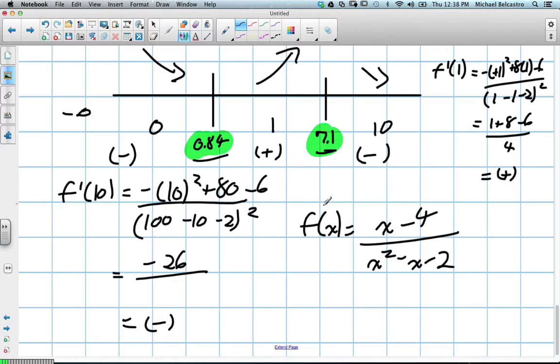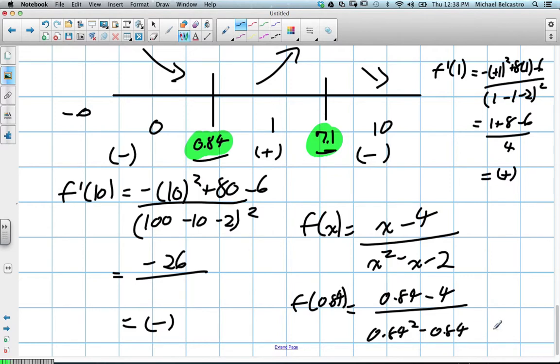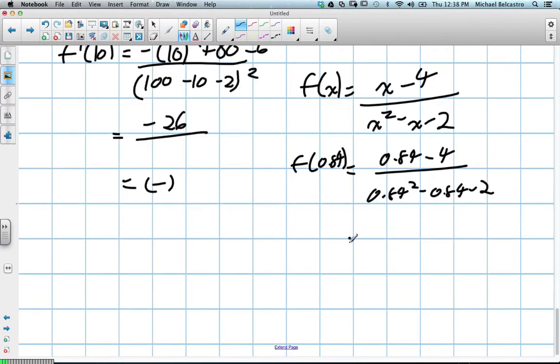We'll plug in these values to find out what their actual coordinates are. So the first one being, and again, I'm going to get you guys to do this. I'll write them out and you guys can do it. 0.84 minus 4 over 0.84 squared minus 0.84 minus 2. That'll be one of them.